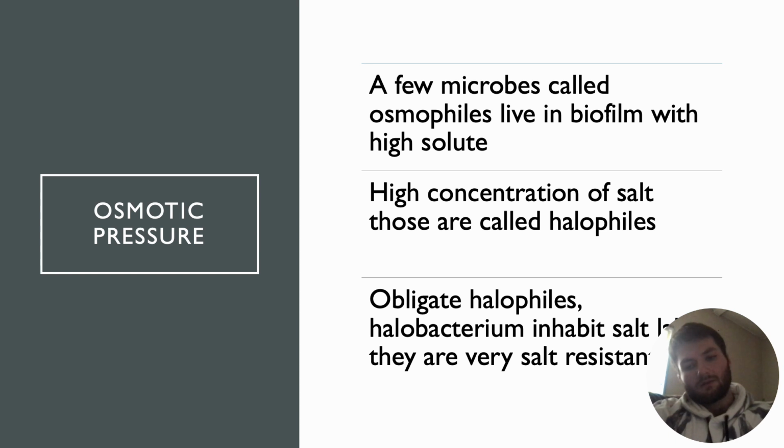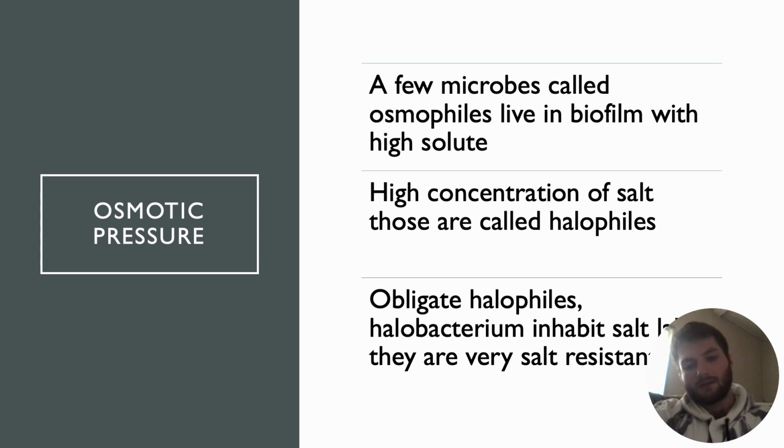So these are microbes that stay in high solutes. They want to be near salt all the time. Obligate halophiles inhabit salt. They like to be where the salt is, and they're very salt resistant. Their membranes are also very salt resistant, and it makes for a good environment for them. And this is where they like to be.